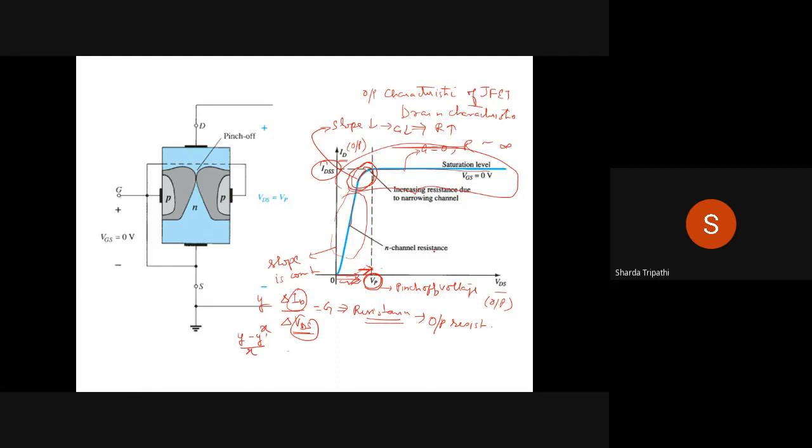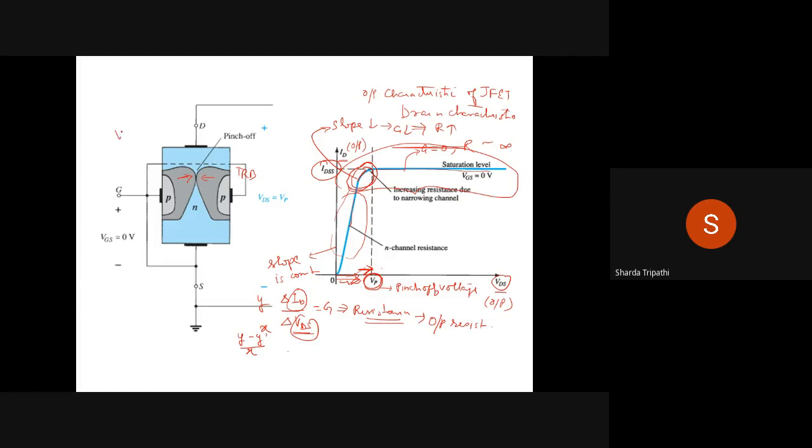Actually, if you are increasing VDS, then you need to remember that you are increasing the reverse bias across these junctions. And increase in reverse bias is actually going to widen the depletion region. So as I am increasing the value of VDS, the reverse bias voltage in the channel is increasing, which is causing the depletion regions to widen and widen.